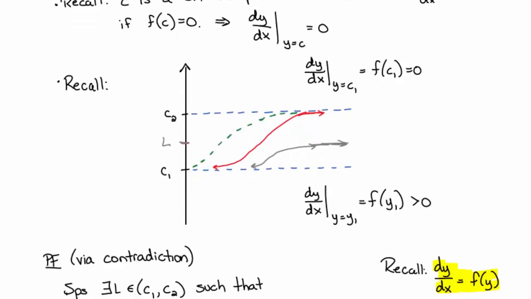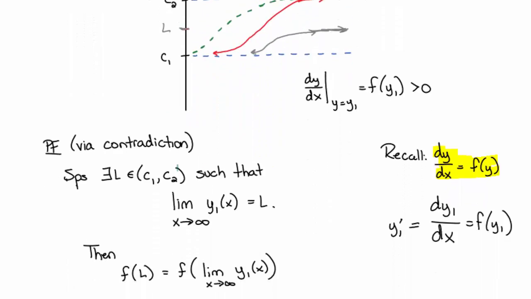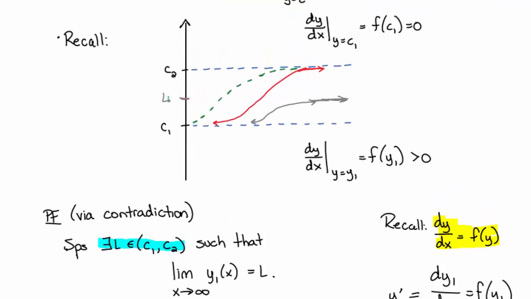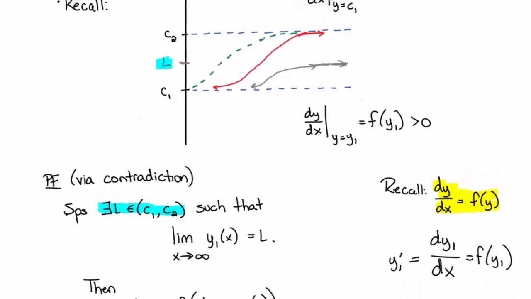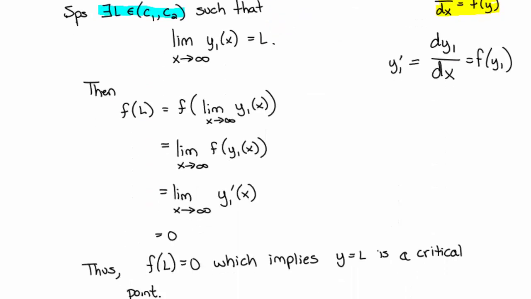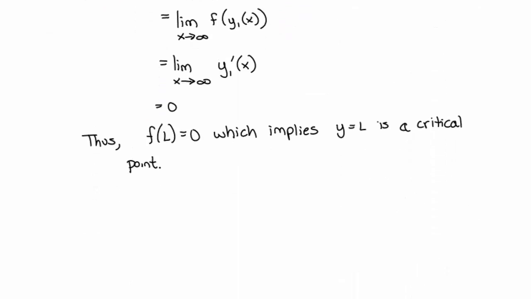And now with our assumption that there exists some L in between C1 and C2, we are stating that L itself is another critical point and it exists between them. So this contradicts the fact that C1 and C2 are consecutive critical points, because between C1 and C2 there's another one. So I'm going to go ahead and write that in.